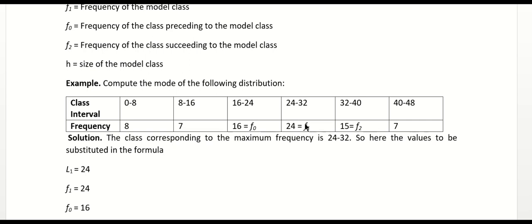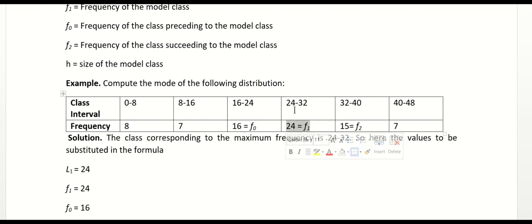Now we need to find two more values, L1 and H. L1 is the lower limit and H is the class interval. Now which lower limit? We will pick the lower limit from F1 only, from here. So here 24 is L1, right? We will not pick L1 from F0 or F2. We will only pick L1 from F1.